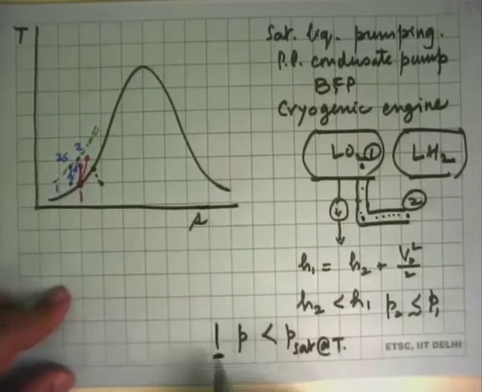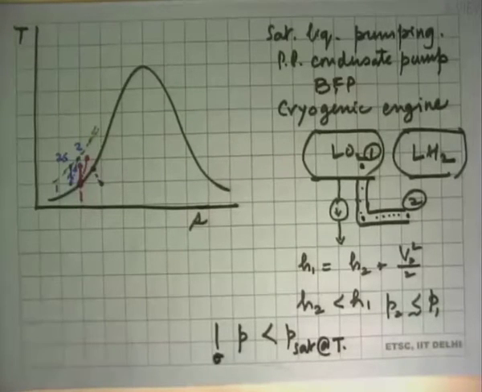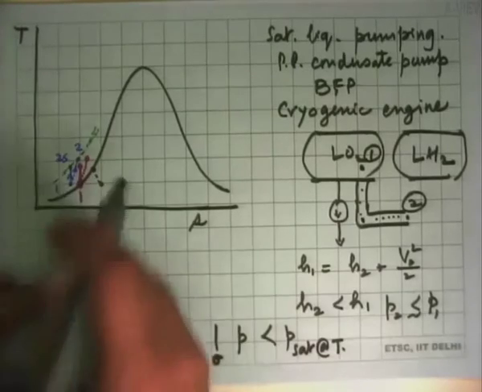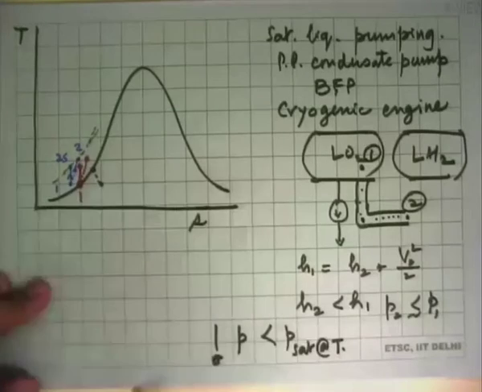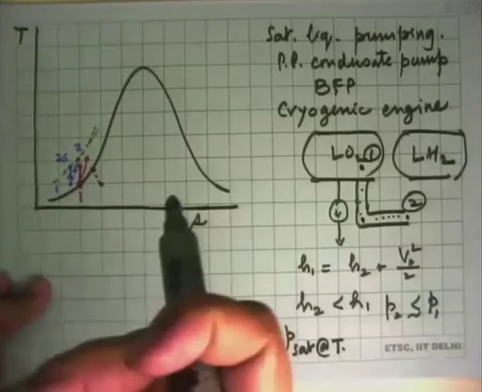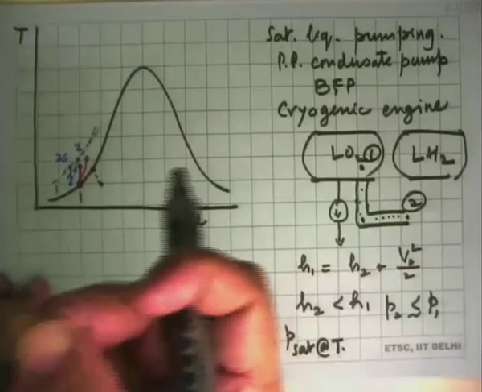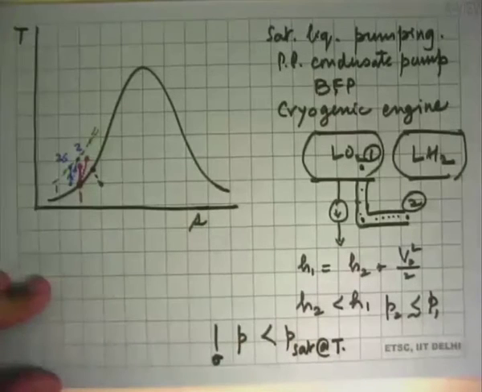This is a very important consideration in designing all these types of devices. So even in a pump like this, where it is taking compressed liquid and you have an impeller that is rotating very fast, very close to the surface of the impeller the velocity is very high, in which case locally the pressure at that point will be less than the saturation pressure, and you could have a vapor bubble being formed.